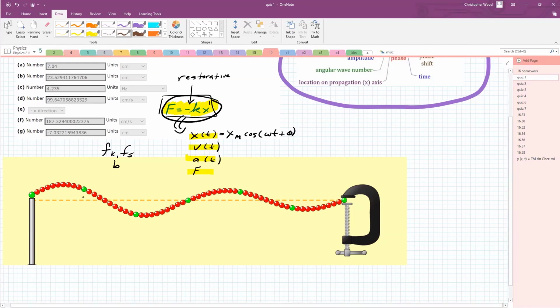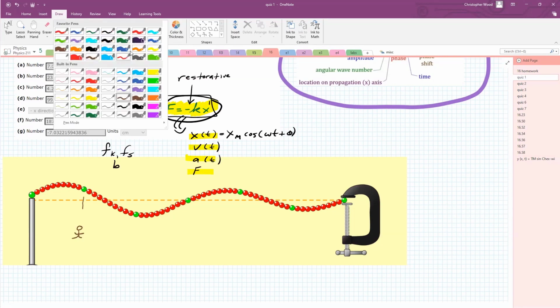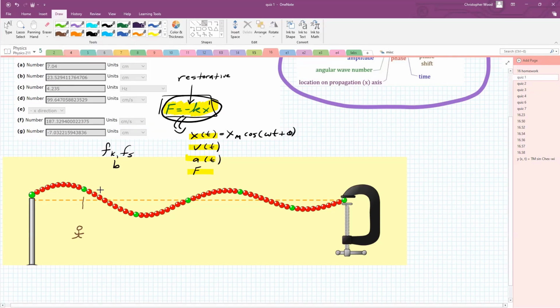Say this is a really large string and I'm standing underneath this green dot. And when I look at this green dot, I can see that it is bouncing up and down like that.